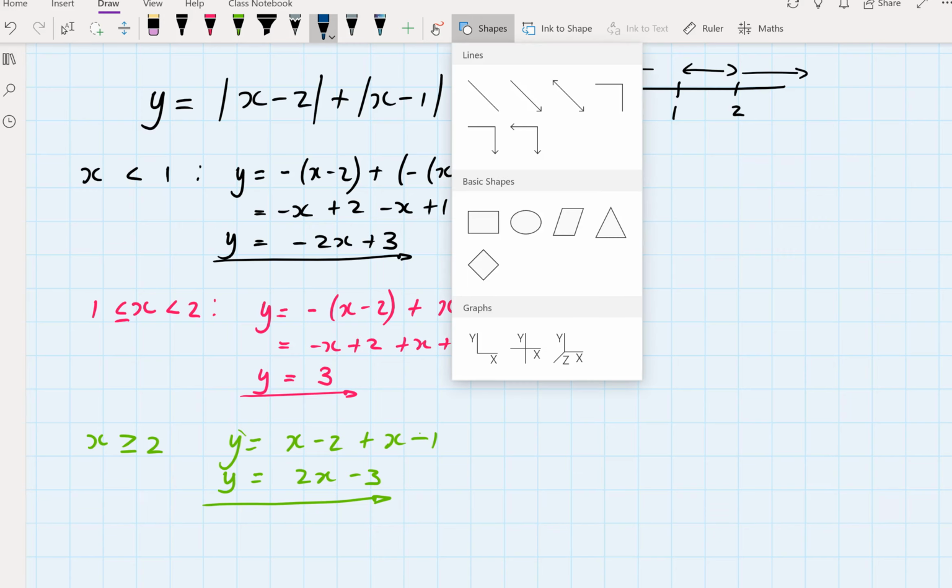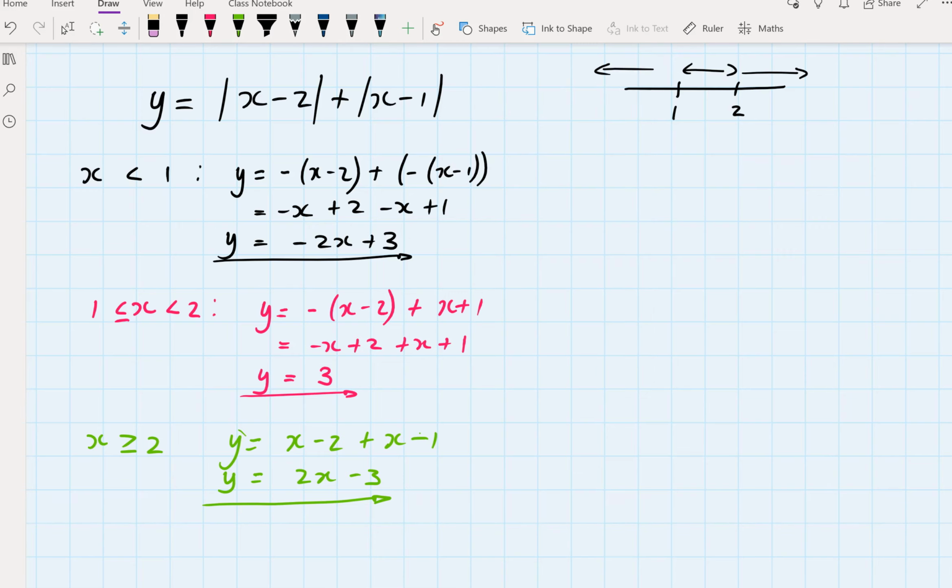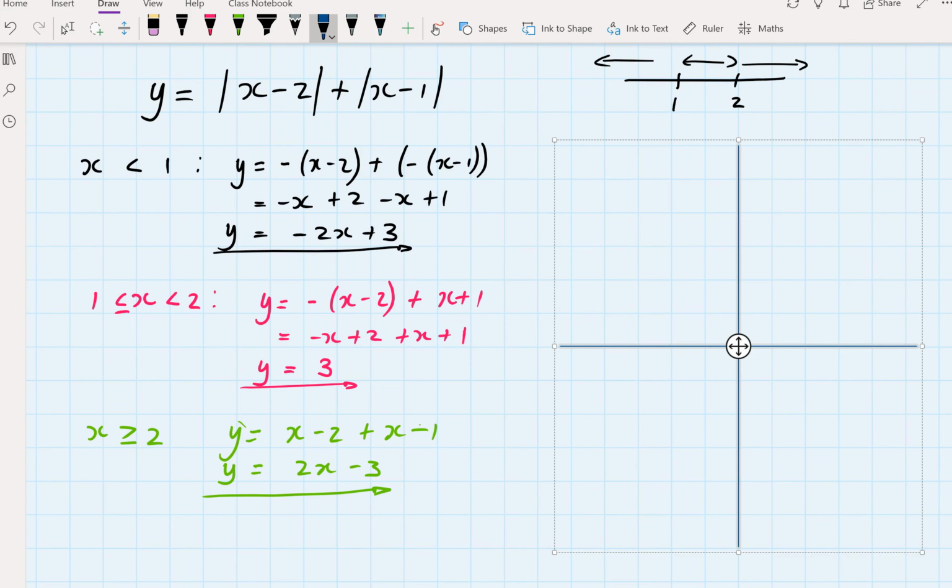So let's get some axes up and see what happens with this. Right, now where are my critical values? My critical values are going to be happening along a line down here and along a line down here. This is when x is equal to 1, this is when x is equal to 2.